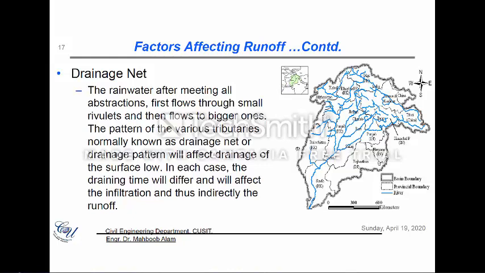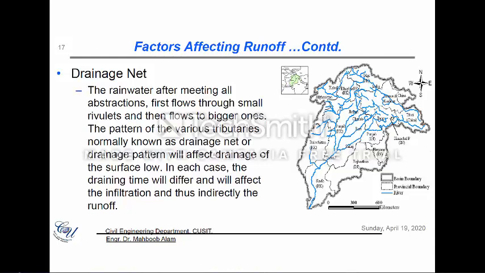Okay, drainage net is another important thing. On the right hand side you see our river network, the Indus River network, the Jhelum, Chenab, the Indus itself. If we have a very complicated drainage network, then the water resulting from the precipitation would enter into these canals and streams, and it would take some time for that water to ultimately reach the outlet point.